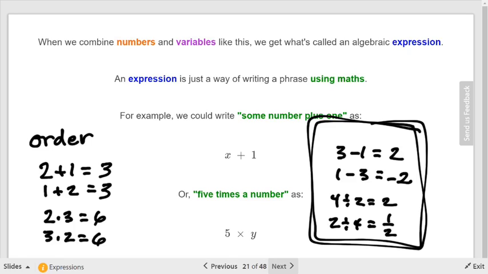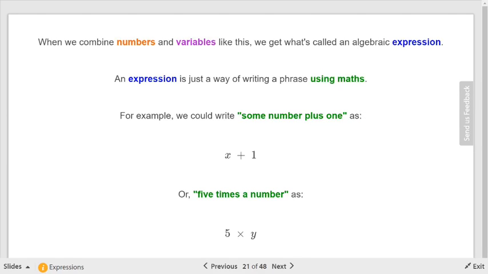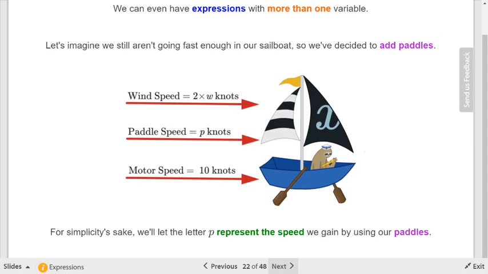If I say some number plus 1, the some number comes first. If I say 1 plus some number, then I should put the 1 first. If you get in the habit of doing that, when you get the ones that have to be in a specific order, you'll already be doing it naturally.